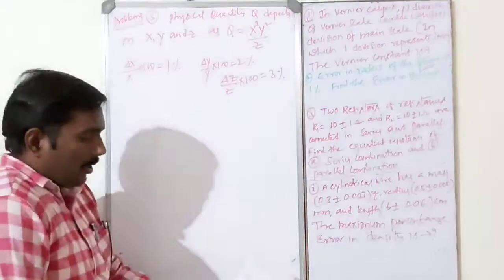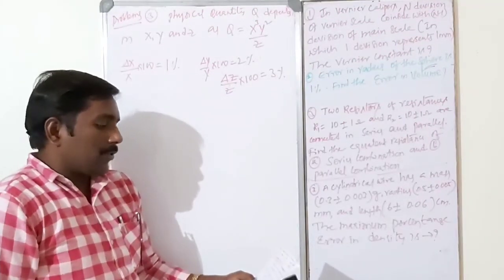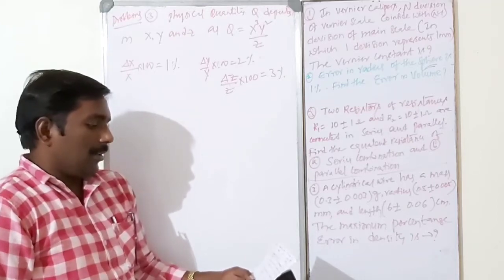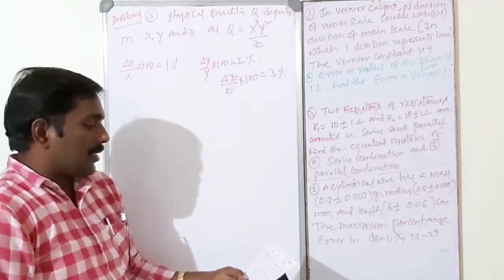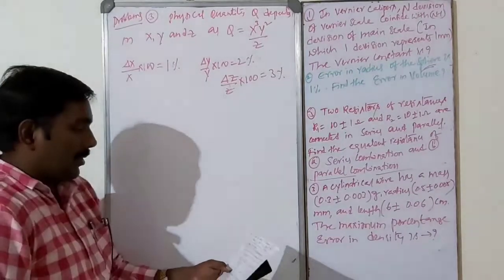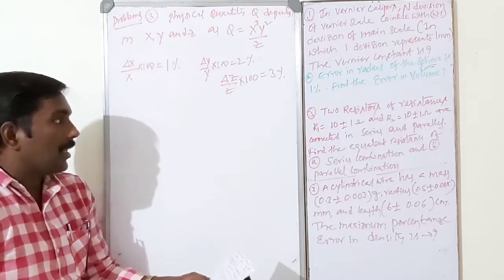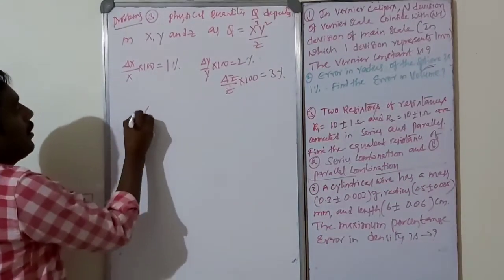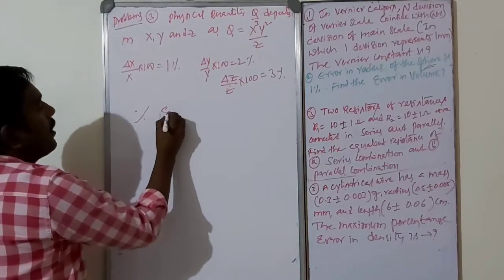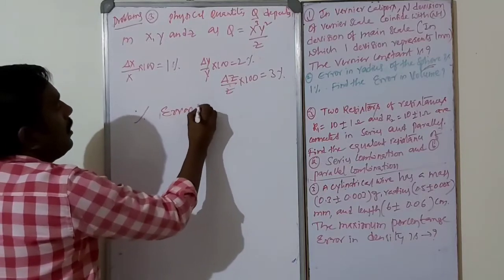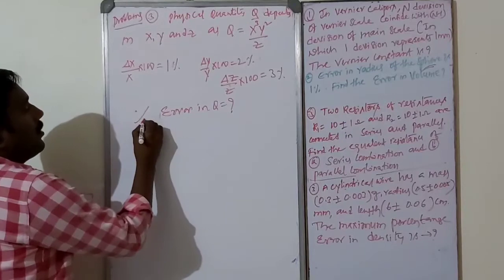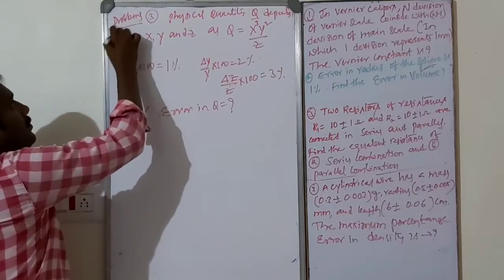So physical quantity Q depends on X, Y, Z as Q is equal to X cube into Y square by Z. The percentage error in X, Y, Z are 1%, 2%, 3%. What is the percentage error in Q? This is the very most important one.